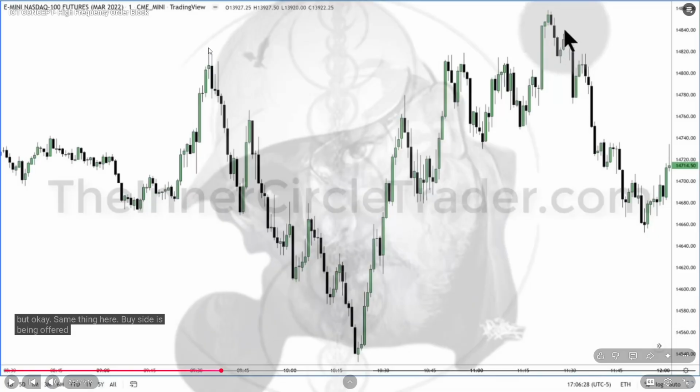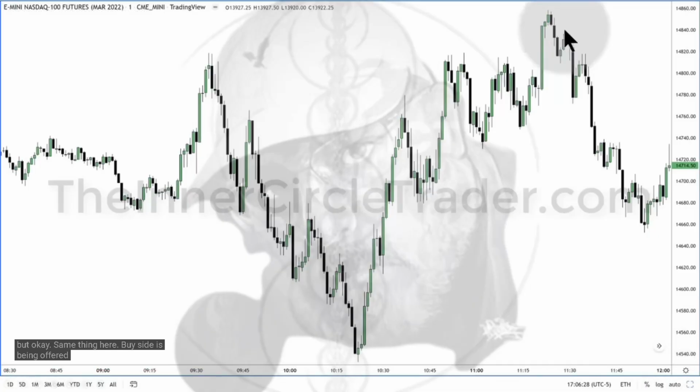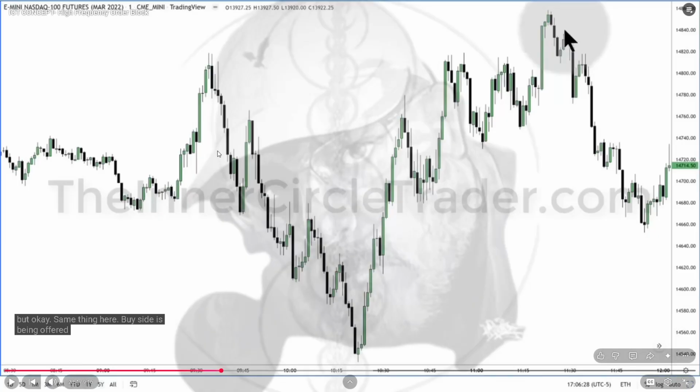What liquidity is above there that causes this point right here to happen? I want to be able to explain everything going on right now.